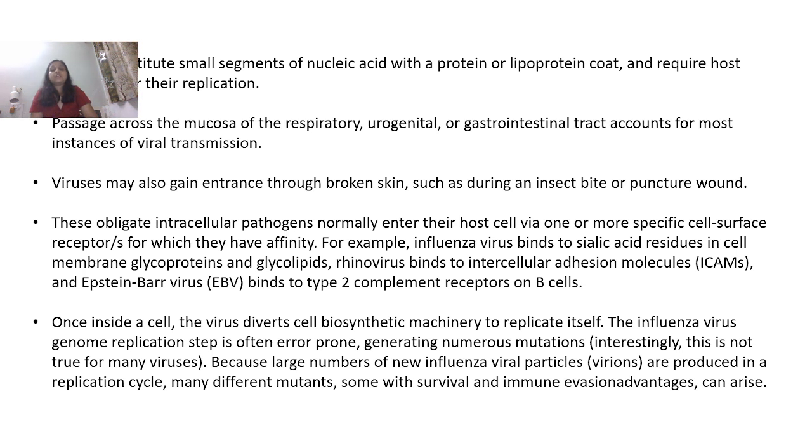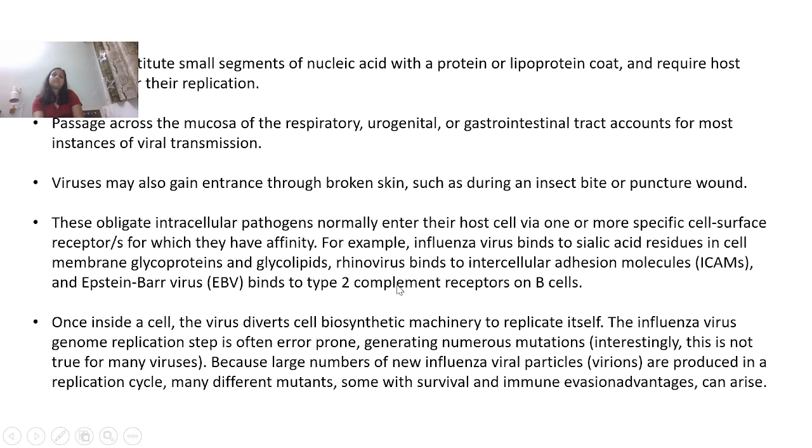For example, influenza virus binds to sialic acid residues in cell membrane glycoproteins and glycolipids. Rhinovirus binds to intercellular adhesion molecules or ICAMs, and Epstein-Barr virus binds to type 2 complement receptors on B cells. So you can understand the virus enters through the different kinds of receptors which are already present in our host cell. It is utilizing the host system only to enter.